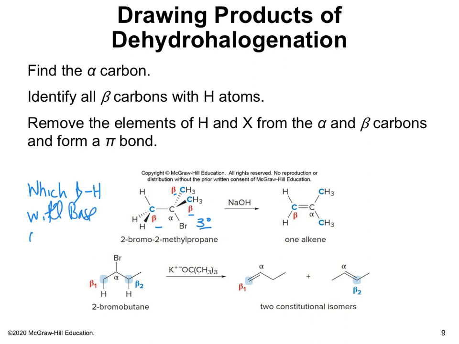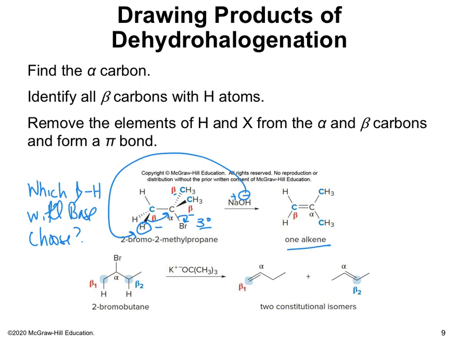Okay, and so here, sodium hydroxide, and it chose this beta hydrogen. And I'm going to tell you why soon, to give one alkene.